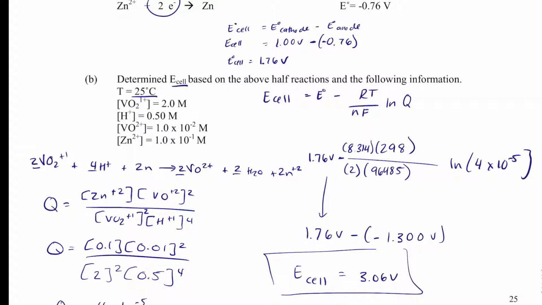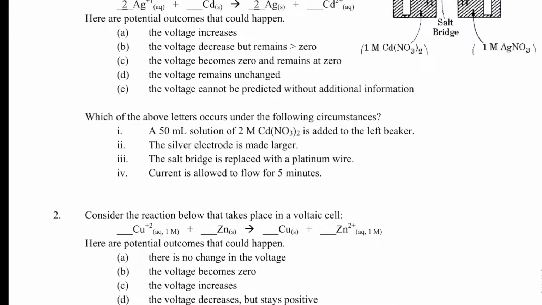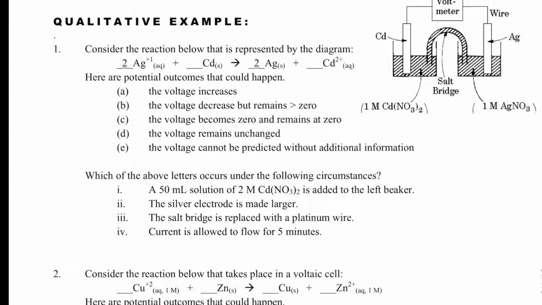Out of these, VO2 with the plus 1 charge is way high, much higher than 1 molar, and these others are much lower than 1 molar. And so what we're going to see is that when a reaction shifts right, its voltage should increase.